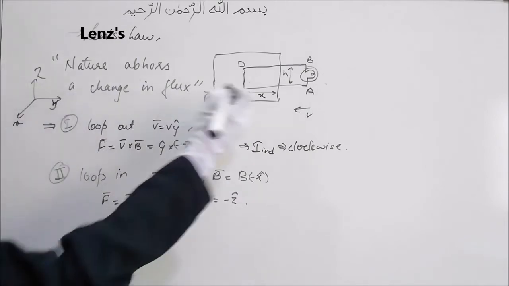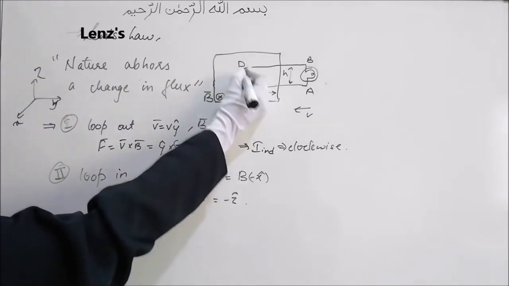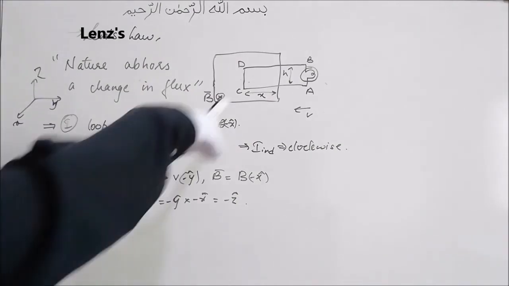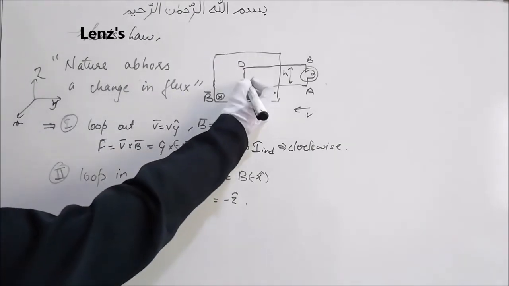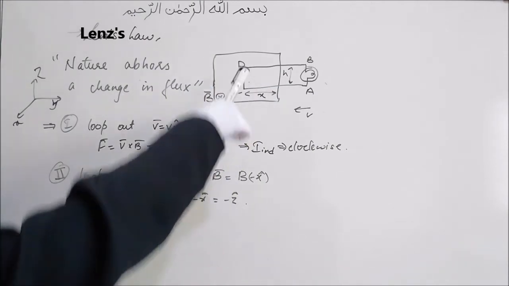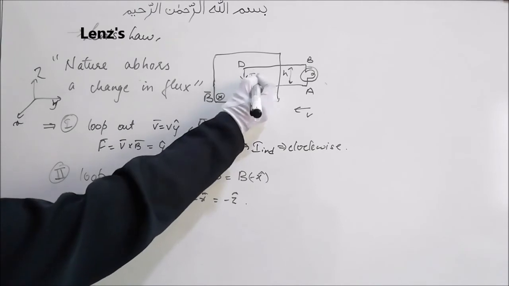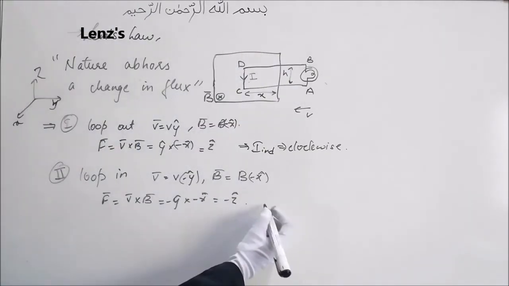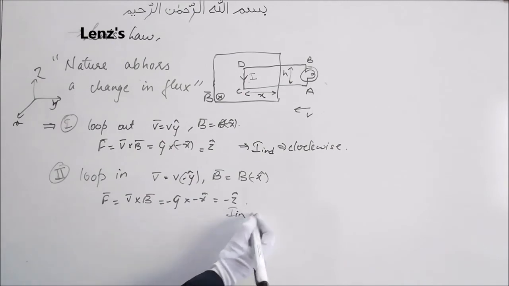Minus z hat means downwards. So along DC, which is the part inside this magnetic field region, the force will be downwards for positive charges, that is the direction of the current. So the current will move in the anti-clockwise direction.